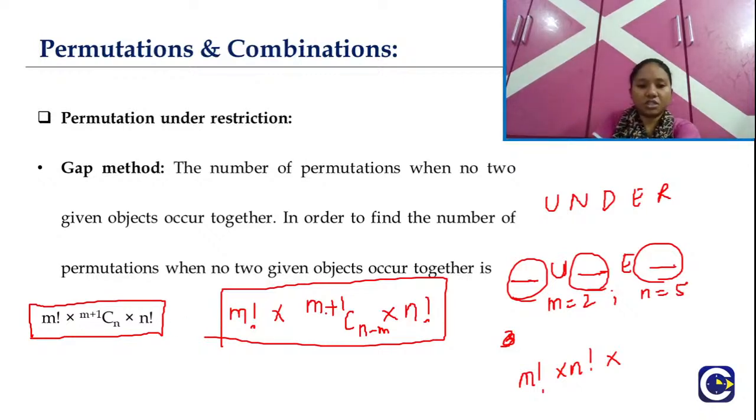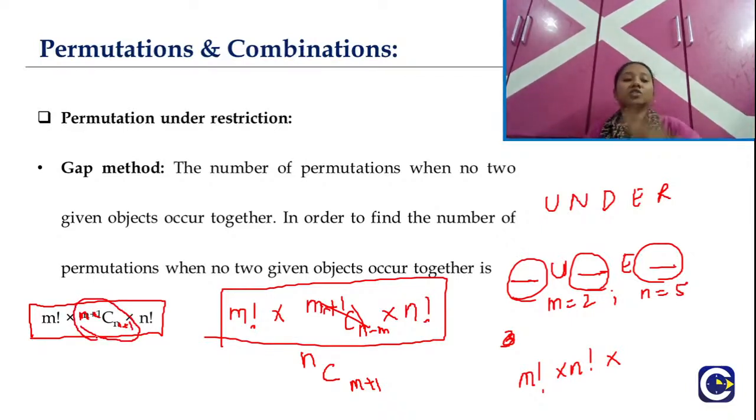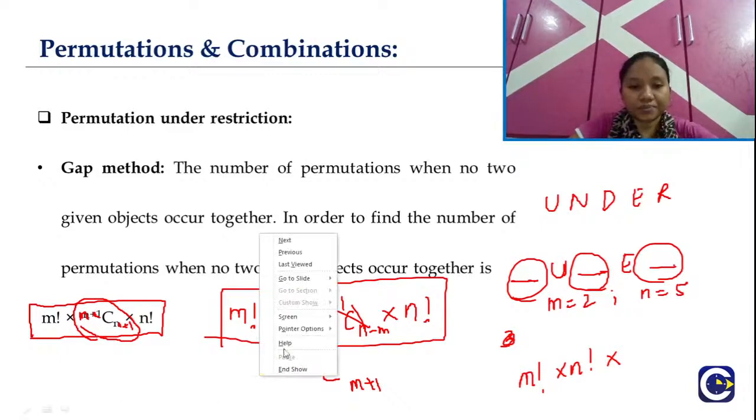Sorry, it's in reverse. It should be (n) C (m plus 1). That is, we'll be selecting 3. C relates to our combination. You will learn what combination is and what its expansion is, so we'll learn that later.